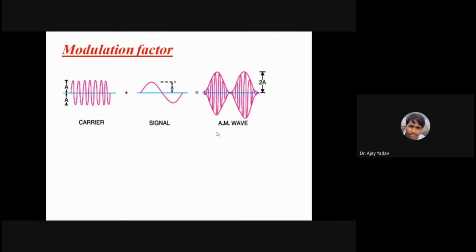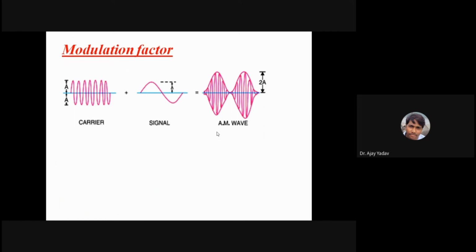So we have to calculate the modulation index. Modulation index is a parameter. Maybe you can note down in your notebook: modulation index is a parameter which gives you information about the strength of the modulation. It describes how strong your modulation is.